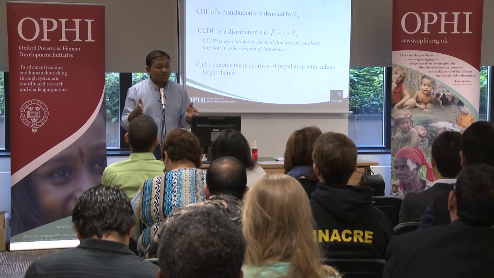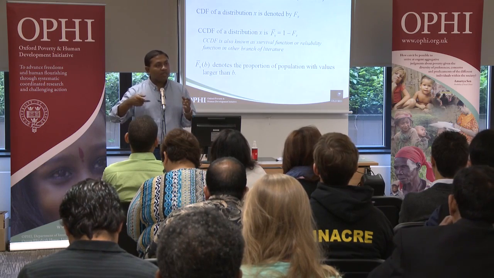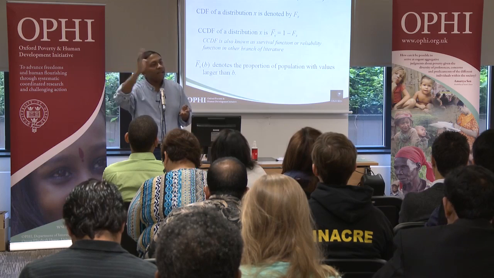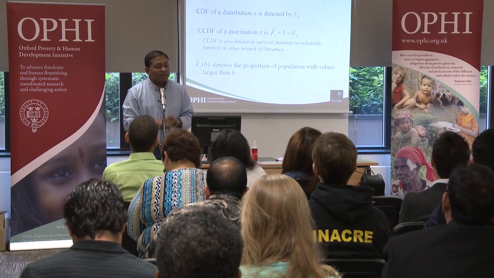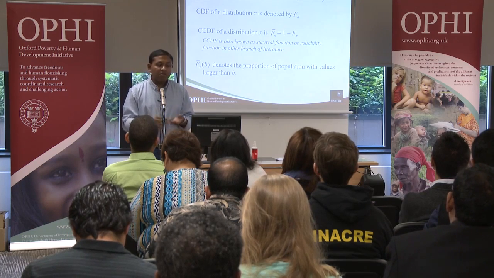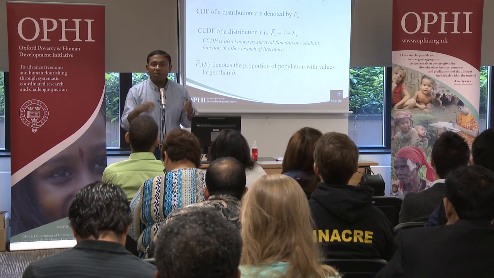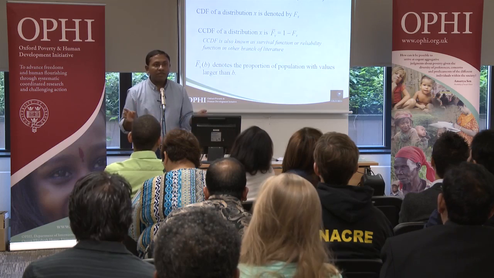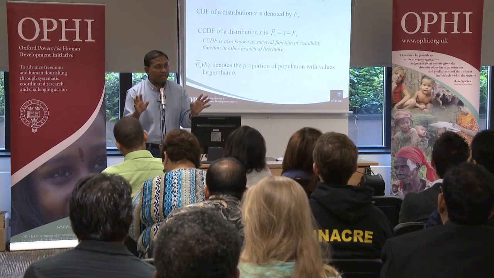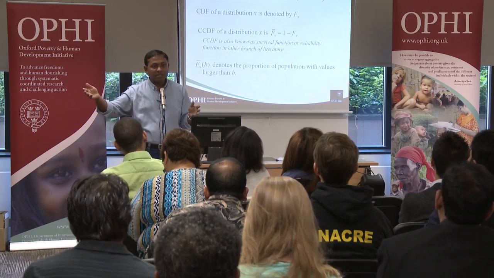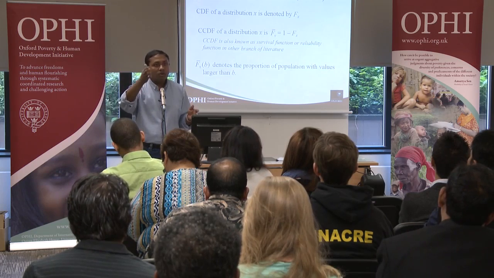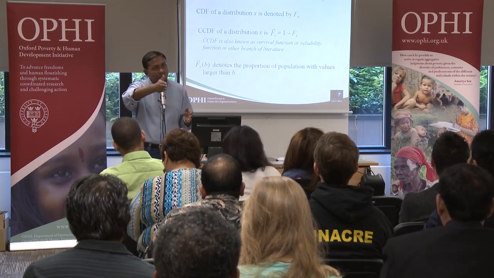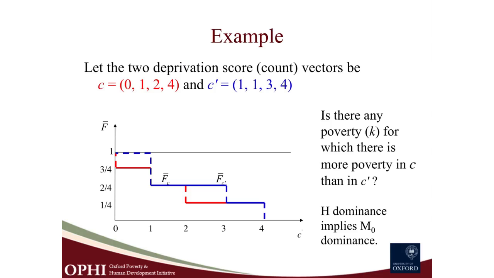As a result, we need to define something called the complement of a cumulative distribution function, because we are looking at the other end of the distribution. We call it the complementary CDF. Sometimes people from different branches call it the survival function or reliability function, with different names. But the main idea is that it is the complement of the CDF. For the CDF, you look at people who have less than a particular point. Here you look at people who have more than a particular point.